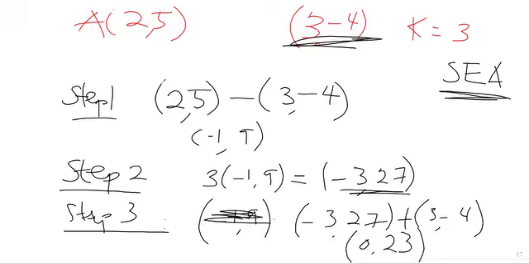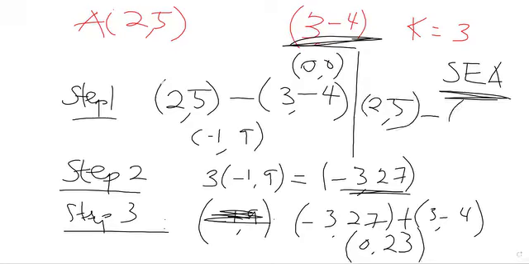Only step 2 holds. And the reason is this. If it is about the origin, it means that the origin is always (0, 0). So (2, 5) minus (0, 0), you are still going to get (2, 5). If you enlarge this by the scale factor 3, you are going to get (6, 15).